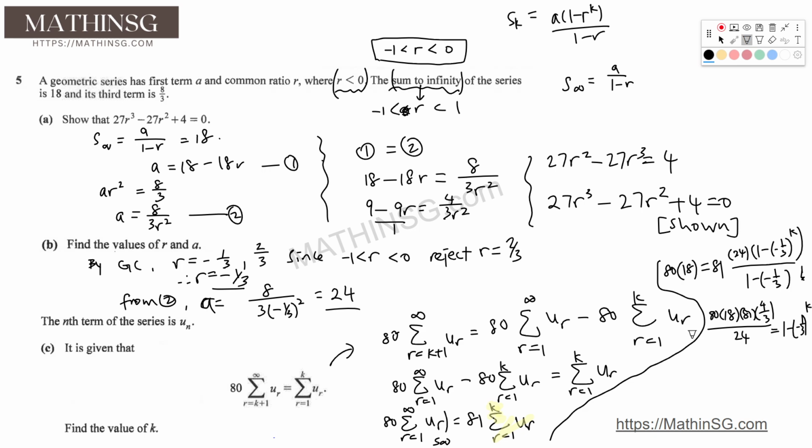Then simplify everything here. Wait, no, sorry, 81 should be at the bottom. Basically I divide everything by 9, I get 2 over 9. Divide everything by 8, I get 3 over 10.